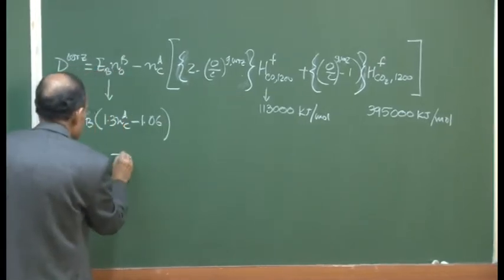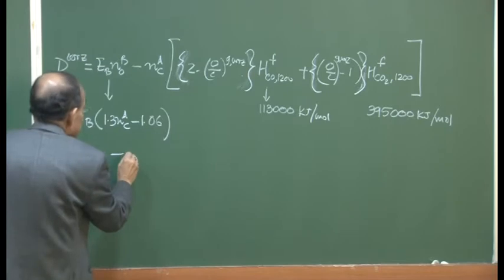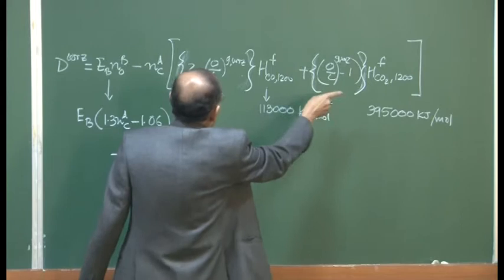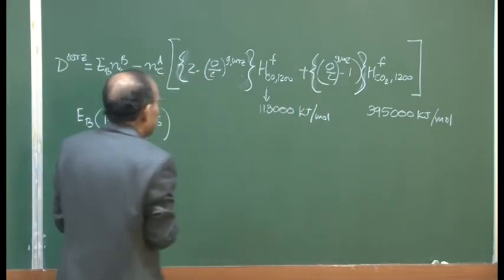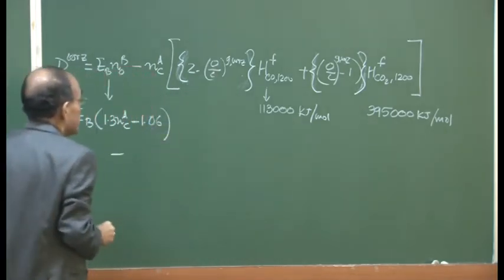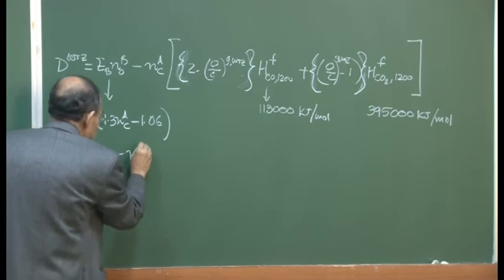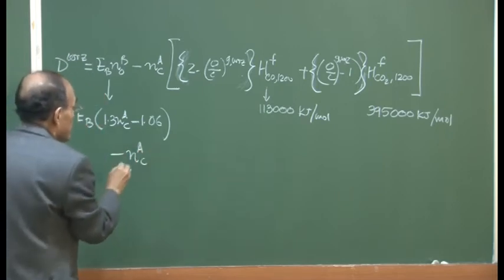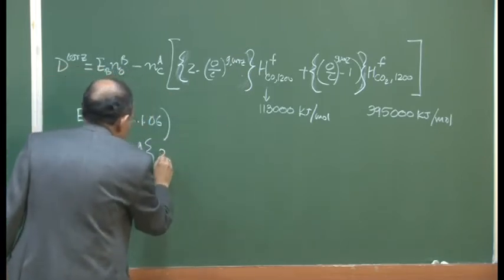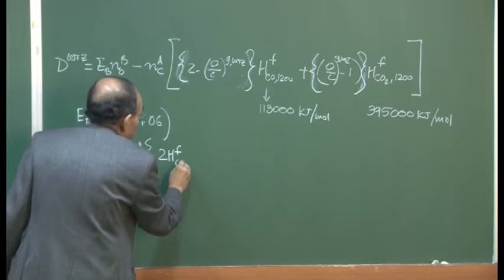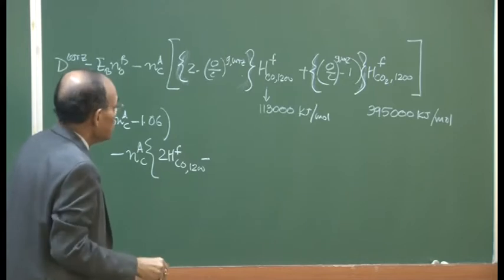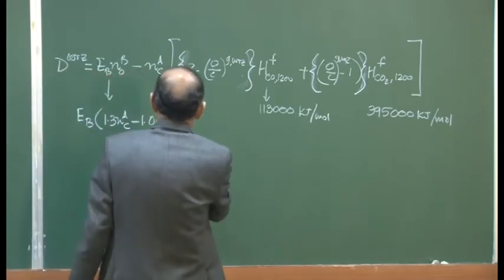Okay? If you open up this term, then what happens is you have, so I will write minus, okay, and we have NaC. Okay? So, if you multiply 2 times heat of formation, and then we can combine the terms which are numerical and combine the terms which are having O by C. So, the first term I can write NaC, okay, and then we can have here, for example, 2 times HF, heat of formation of CO at 1200, minus, and this I have taken minus here.